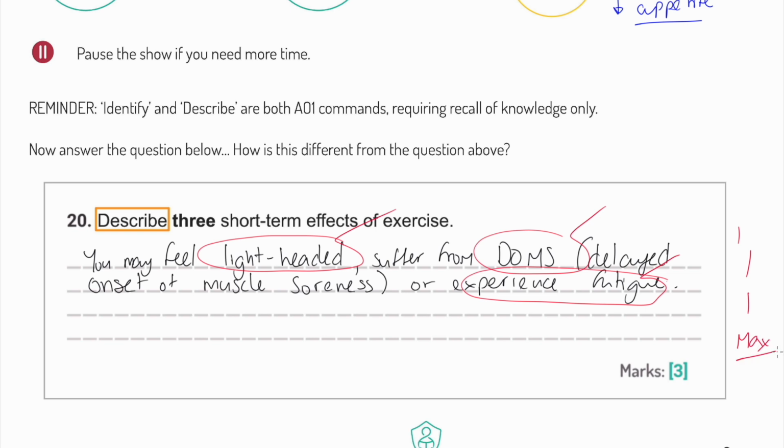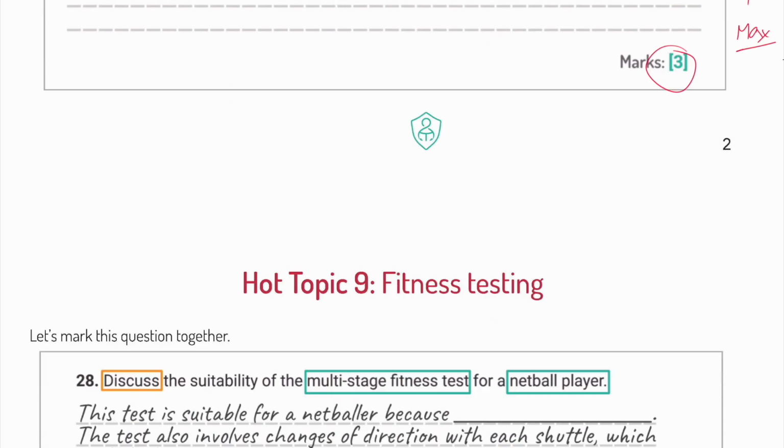So notice the relationship between the answer I've given and the number of marks, and the fact that I'm not being asked to explain this or take it further. I'm just going to do things up to that limit that I'm required in this particular case. Okay.